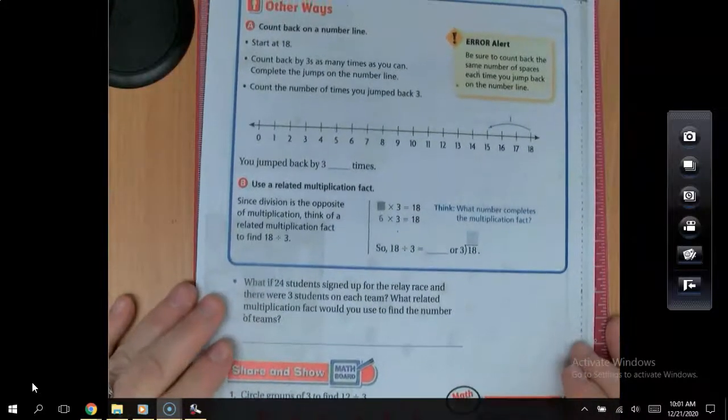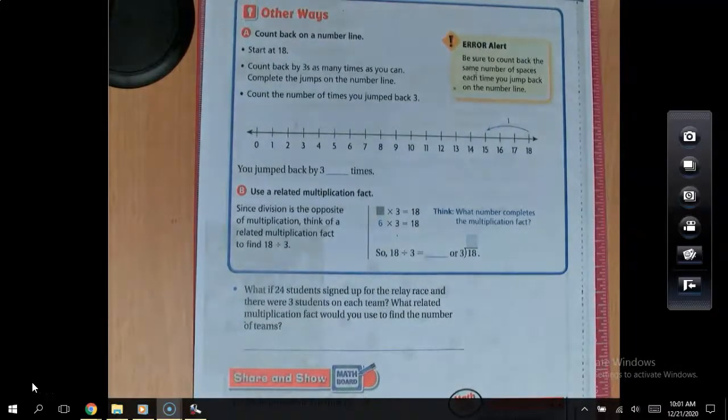All right. They also want us to try another way using a number line. In multiplication, we used a number line. We started at 0 and counted up. We counted up because in multiplication, your product gets bigger. In division, we know that our quotient gets smaller.